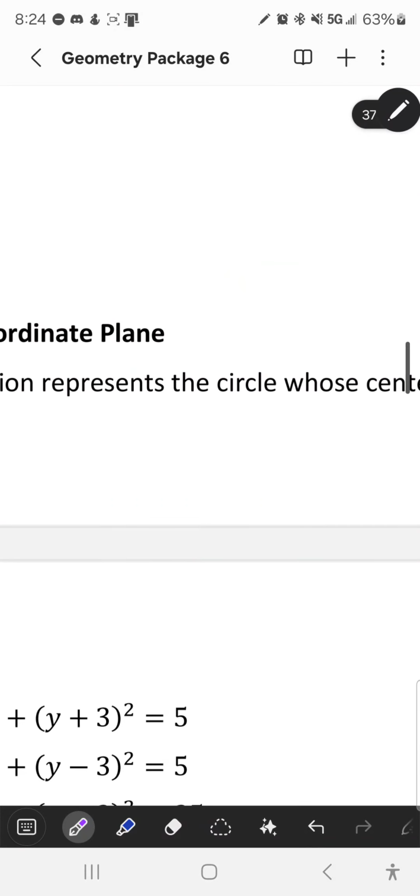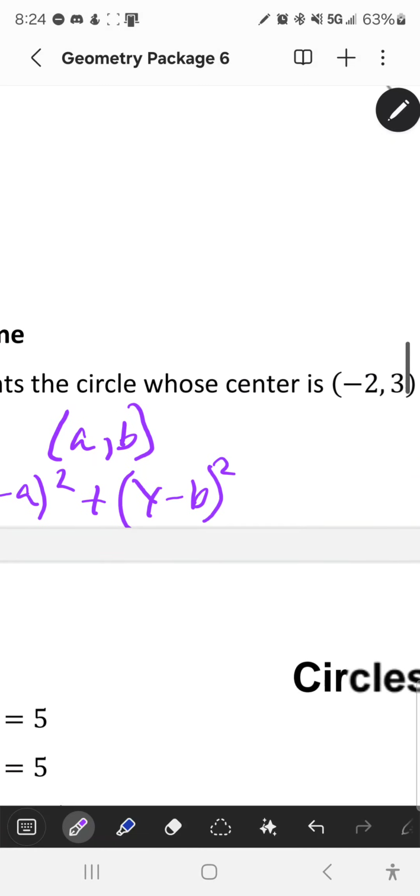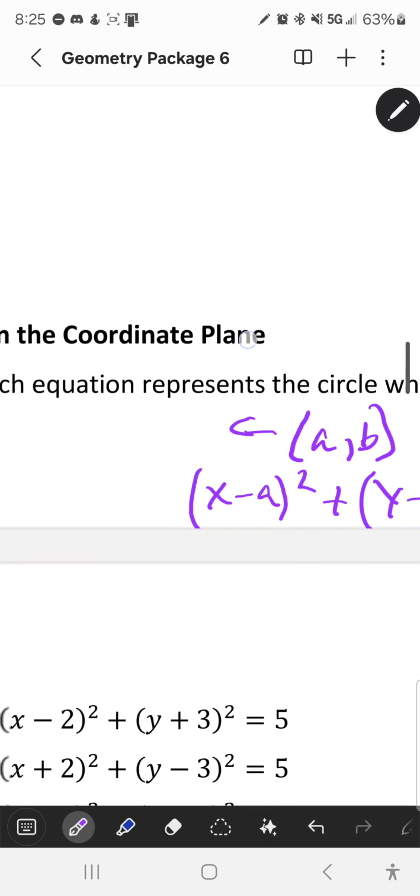For a circle whose center is at A, B, the equation will be x minus A squared plus y minus B squared equal r squared.